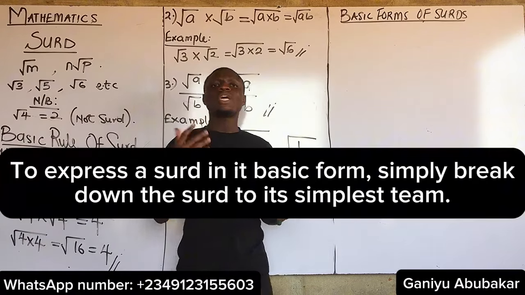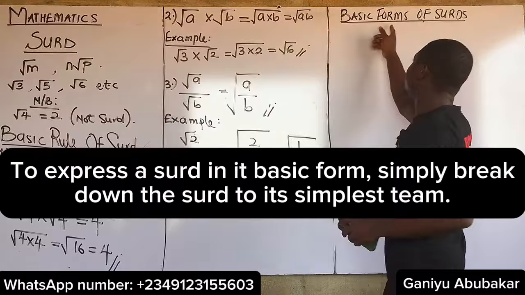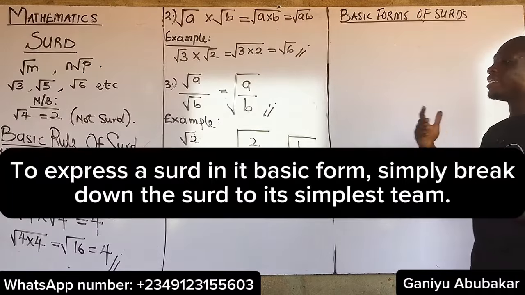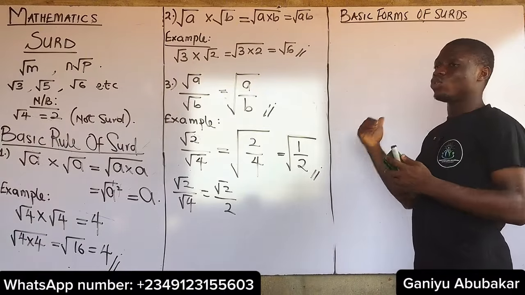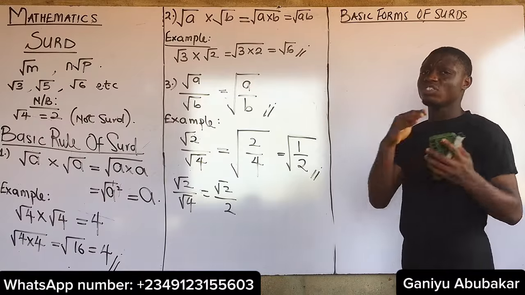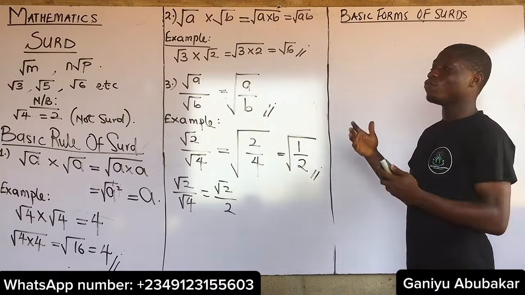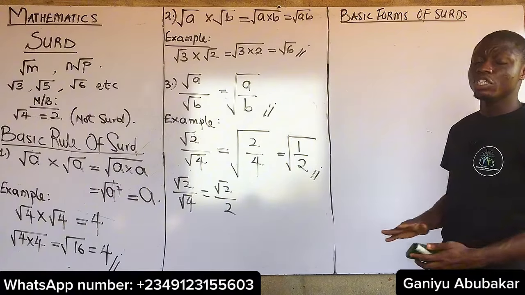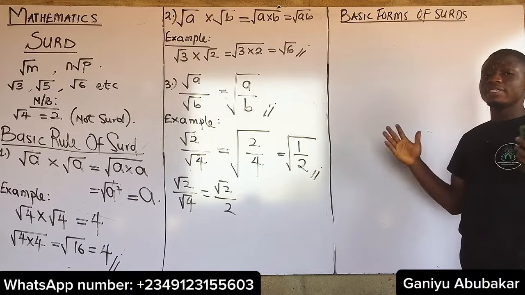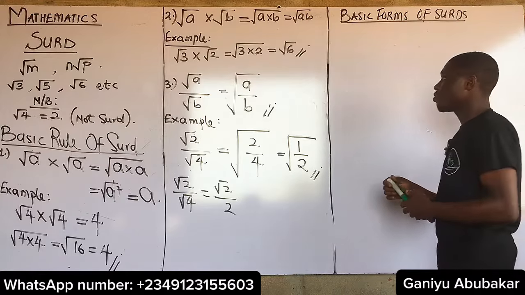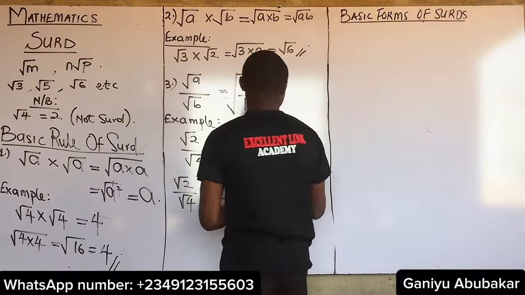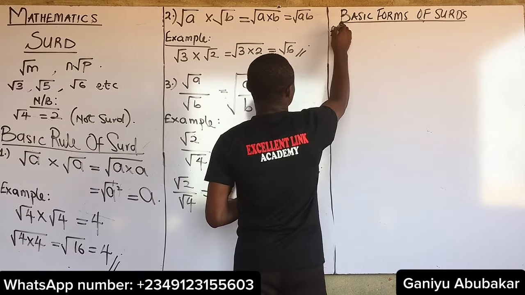That's all. So the idea behind the basic form of surd is that the task here is to simplify any given surd into its simplest form, or if you want, to break down the surd into its simplest form. Let's take an example to further explain the concept behind the basic form of surd.